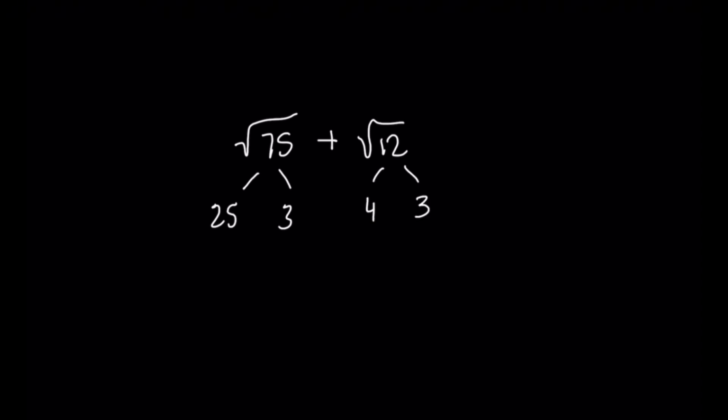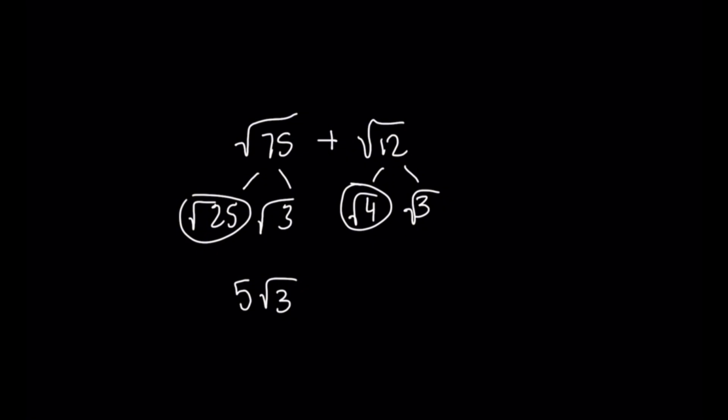And we can square root, and then we can circle the ones that we can square root. So this one would be 5 times the square root of 3, and then 2 times the square root of 3. Then we'd add that. And as we can see, after simplifying this, the number under the square root is both 3, and so we can add that. And then that would make it 7 times the square root of 3.